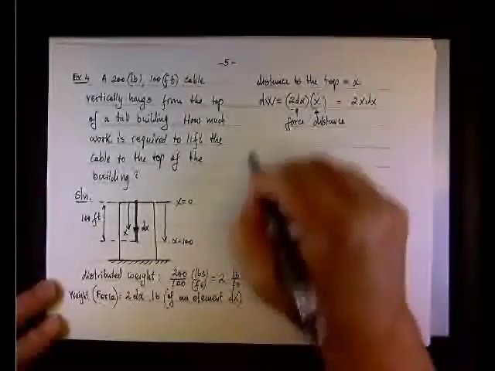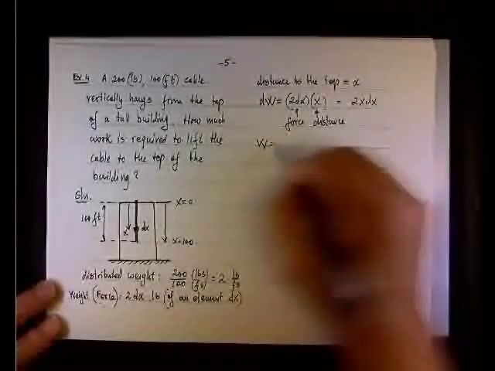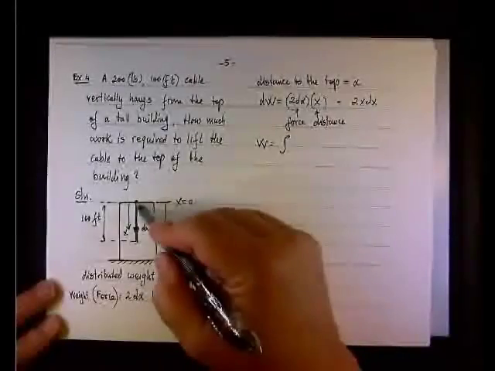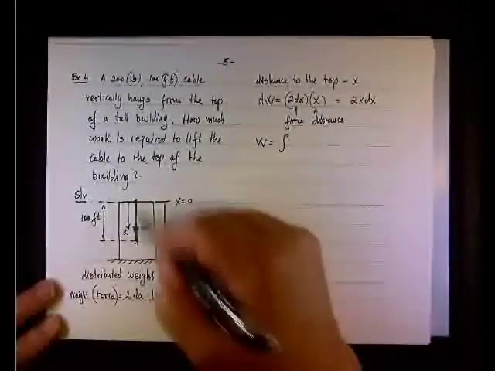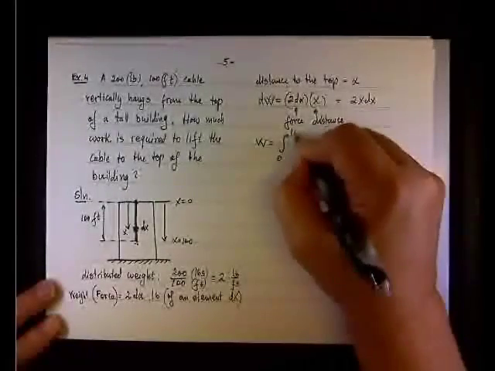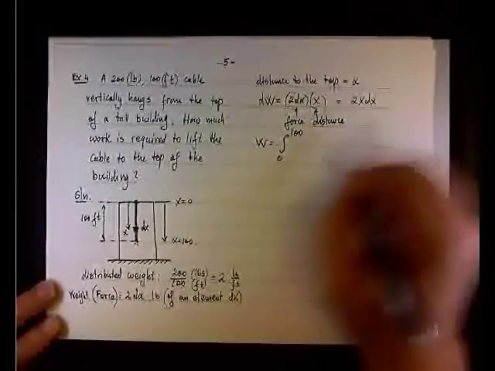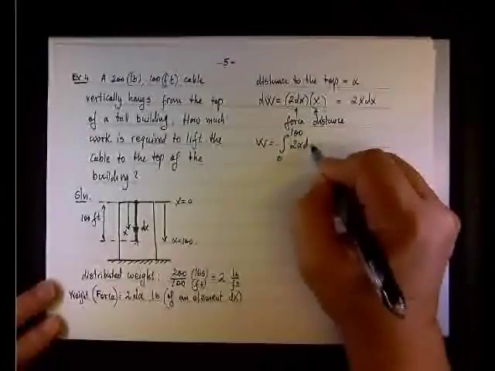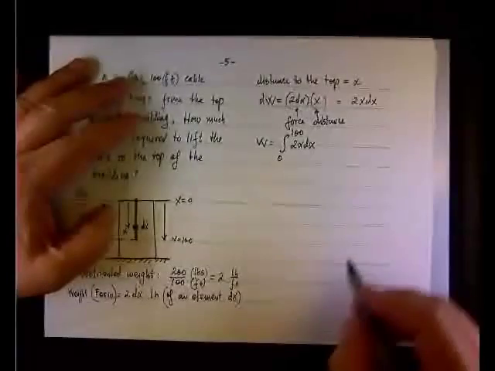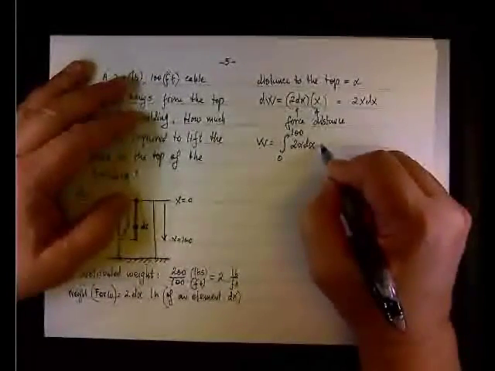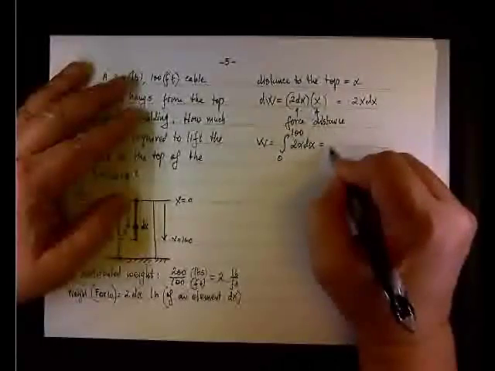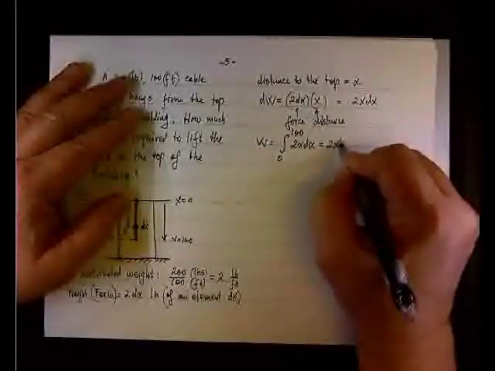And now we have dw, and of course W will be the summation. And the summation, remember, we need to sum all over the cable, and the cable goes from 0 to 100. So it will be the summation from 0 to 100 of 2x dx, like so. And we come up with, this part is easy, 2x squared, right?